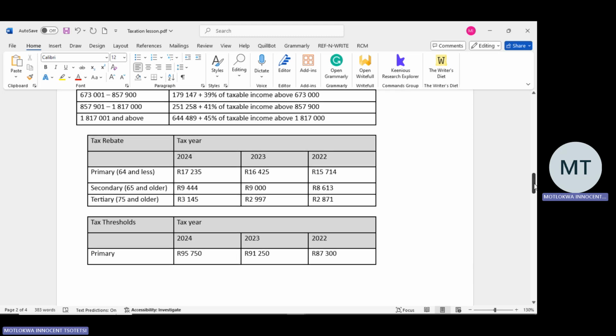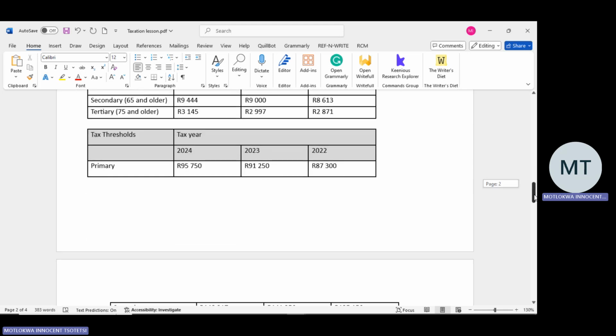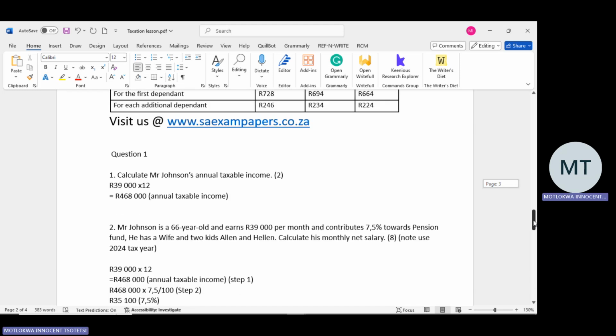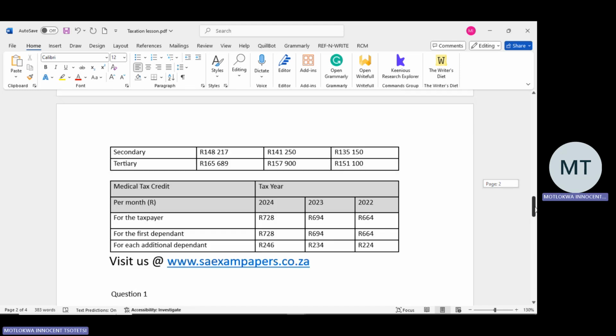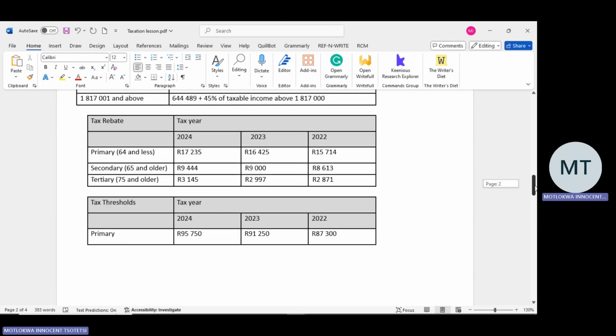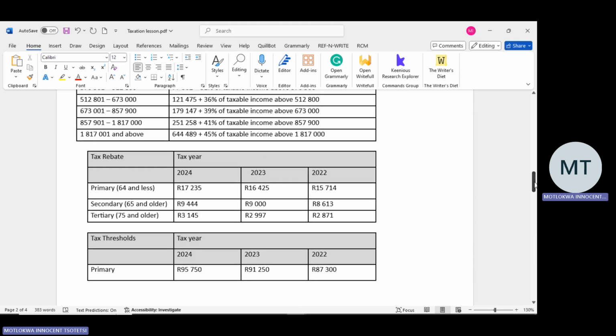Under primary, we have 64 years and younger, and Mr. Johnson is 66, which means he qualifies for the primary rebate, and automatically also for the primary threshold.